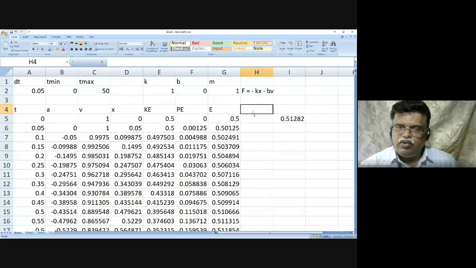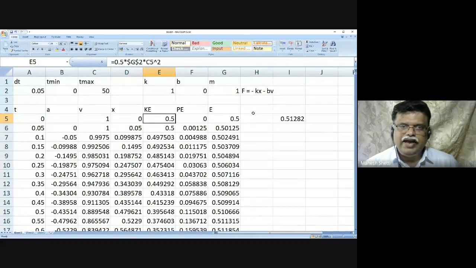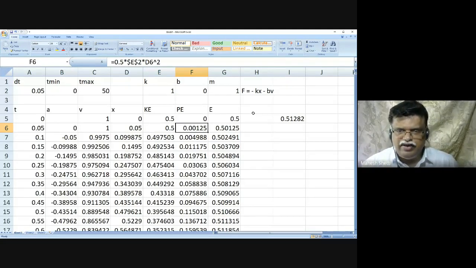So what we are looking at is how simulations can be built up, but simultaneously how one can find out where the source of error could be, and how much the error could be. We know in this particular problem energy is supposed to remain constant. So when you calculate the total energy and you realize that it is increasing, you can find out how much is the maximum.